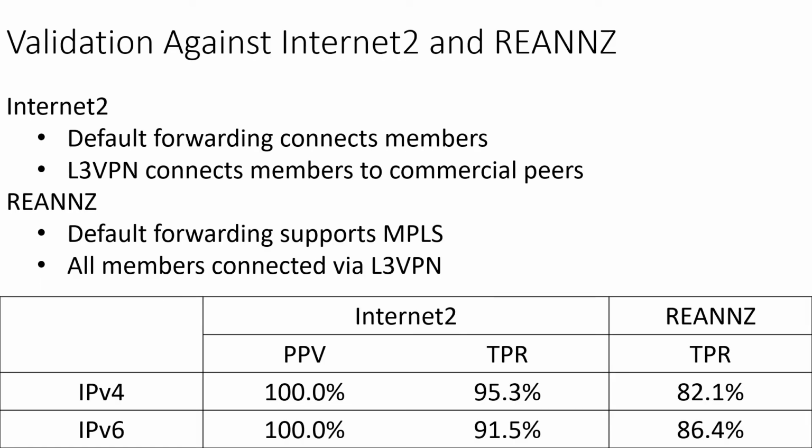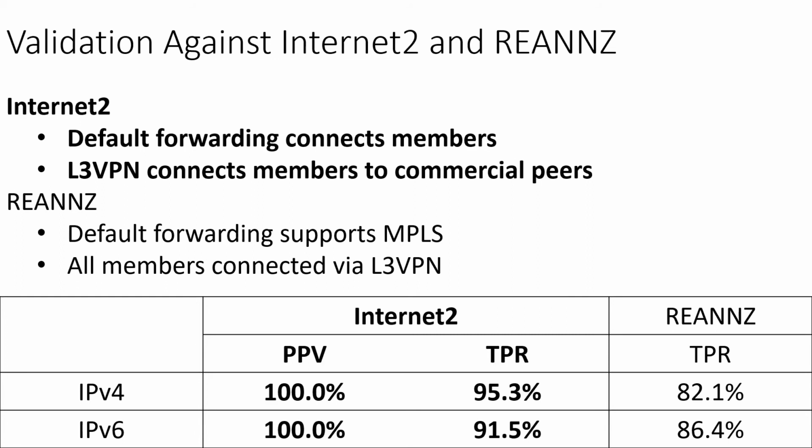And then we also validated vrfinder's inferences against ground truth from two large R&E networks, Internet2 and REANS. Internet2 uses its default forwarding network to connect member networks and its L3 VPN to connect some of the member networks to commercial peers.